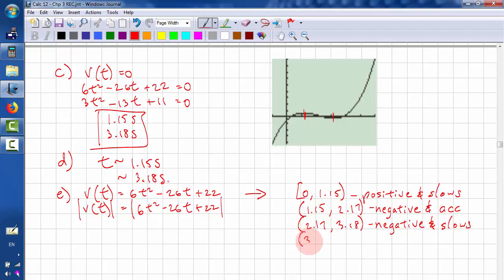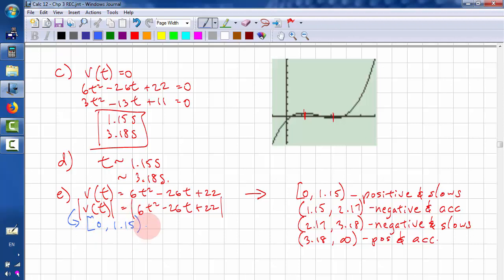And 3.18 to infinity. Infinity should always have a round bracket, positive, and accelerates. Okay, let's look at the speed. So when we're answering speed, there's no direction.